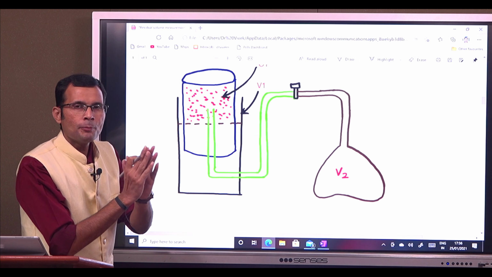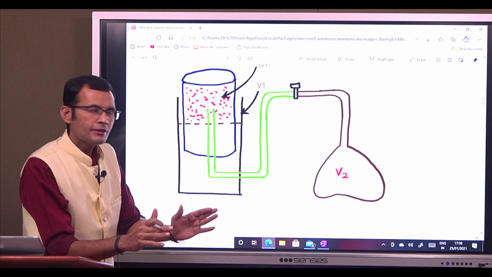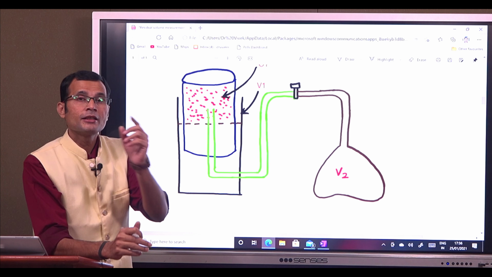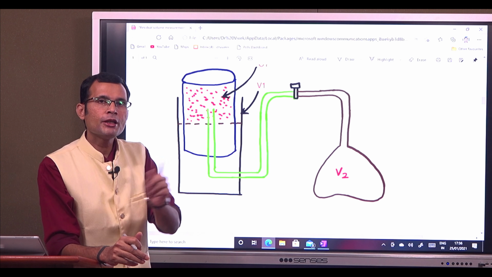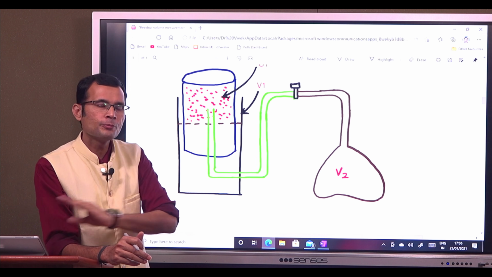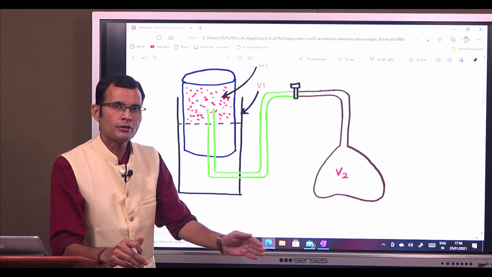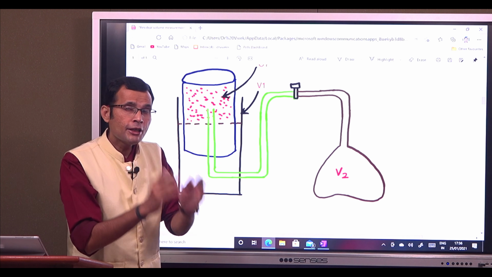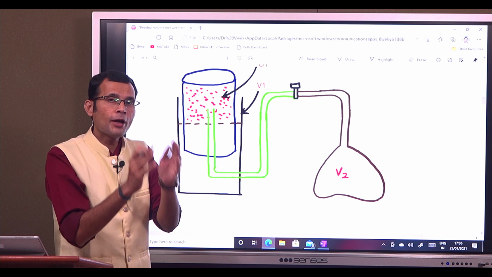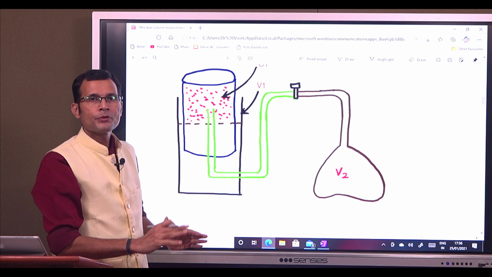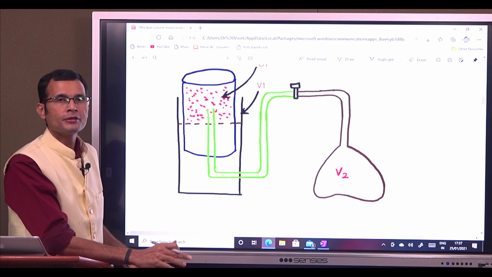Now the most important part that you should note here is first the formula C1V1 is equal to C2V2. Initial concentration of helium, that's C1. V1, initial volume where the helium was placed, that's the volume of the spirometer.